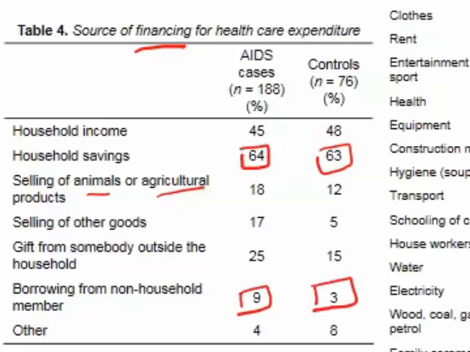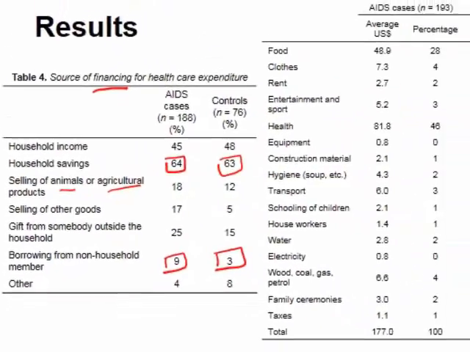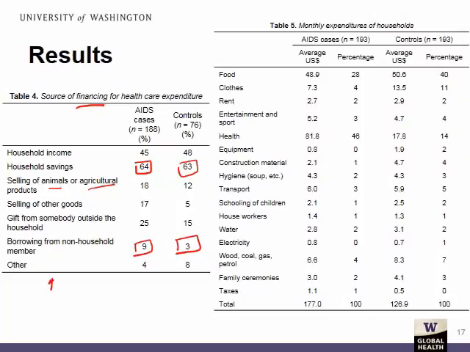And this points to a point we made at the beginning of this course, which is that healthcare has a third dimension. In addition to increasing life expectancy and increasing quality of life, it has another dimension of financial risk protection. So if these patients were insured, they wouldn't have to borrow or sell assets to finance their health care.